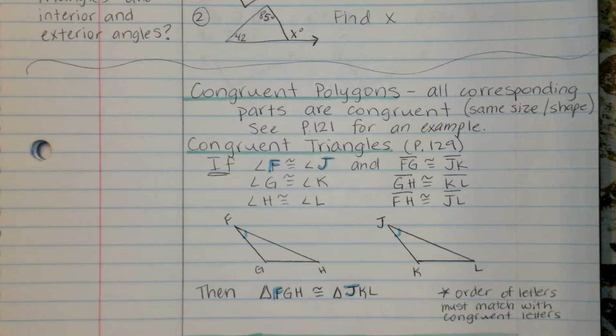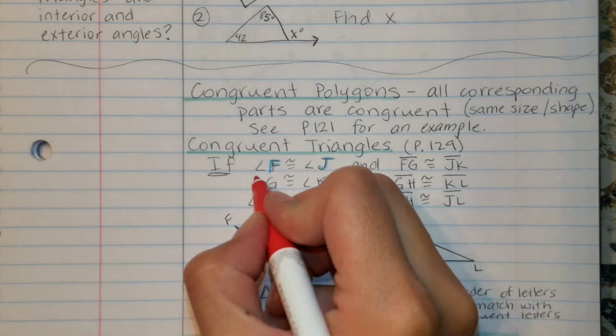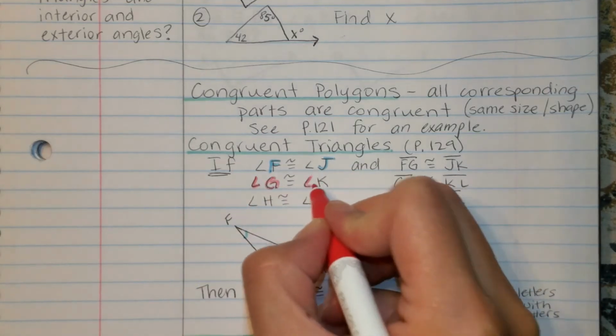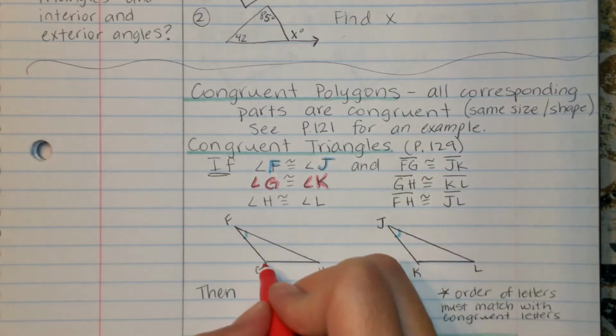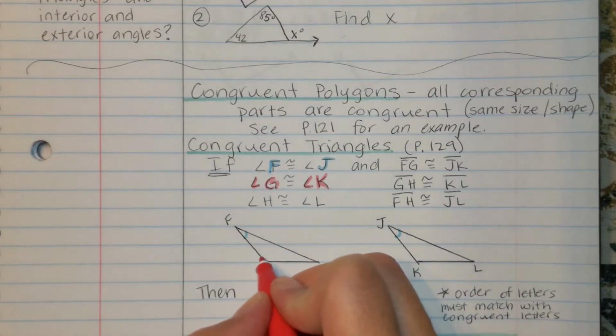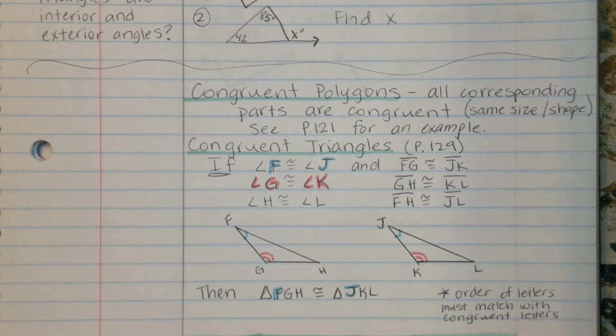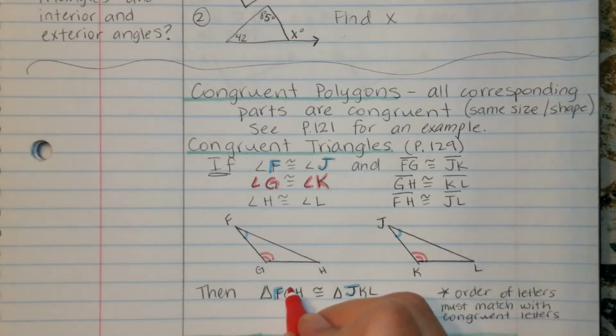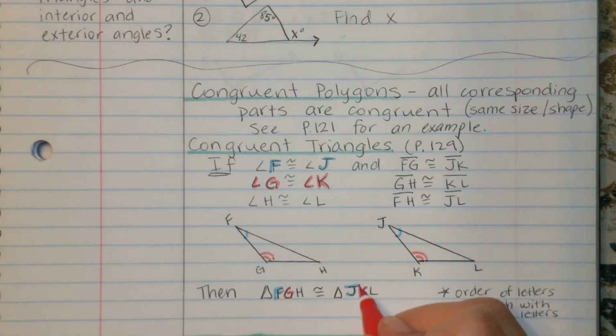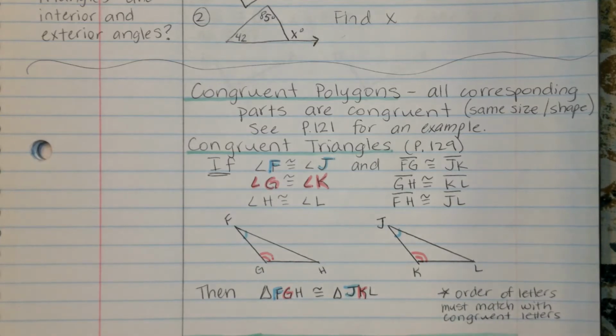And then for angle G and angle K, I'm going to do two arcs. 1, 2, and then the red is just to really show you the difference between them. And then I'm going to also show it here. So they are congruent. That's why they have to match up and be in the second position.